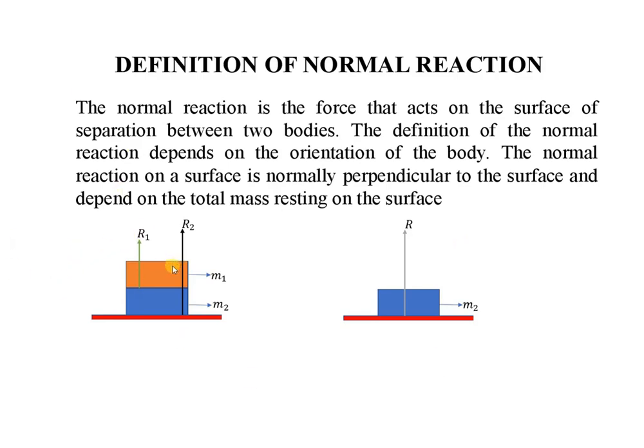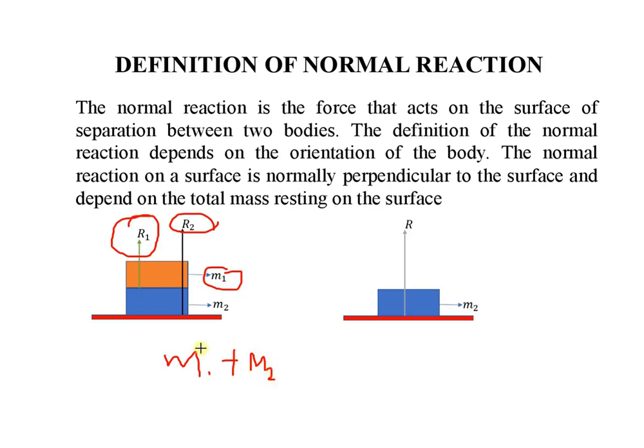If you look at, for example, this body with the orange color, I guess that color is orange. Now, if you look at the normal reaction, R1 depends on mass 1 only, whereas R2 acting on the red surface depends on the total mass on the surface, which is M1 plus M2.